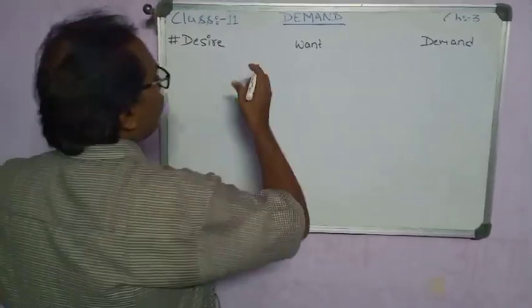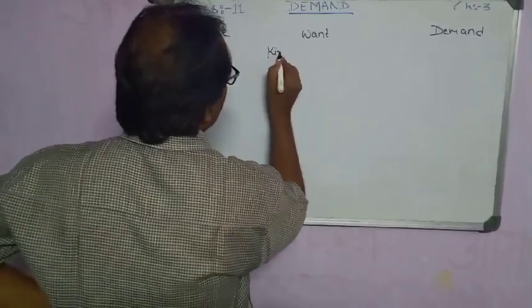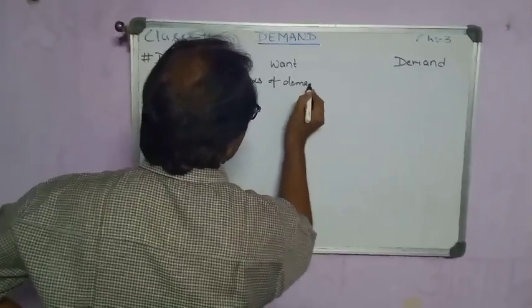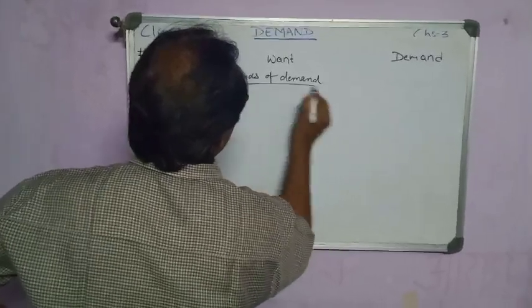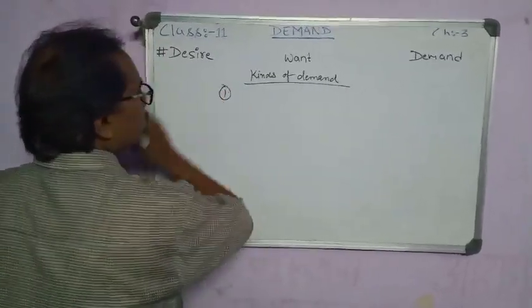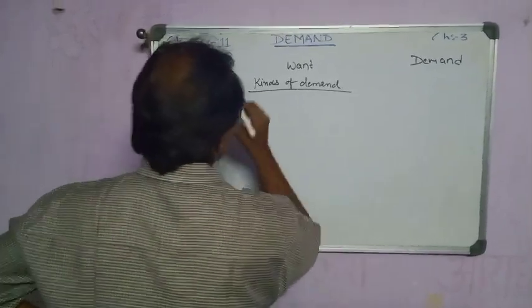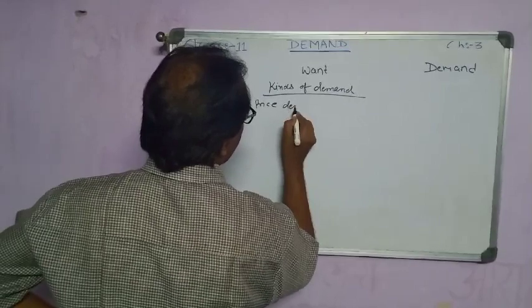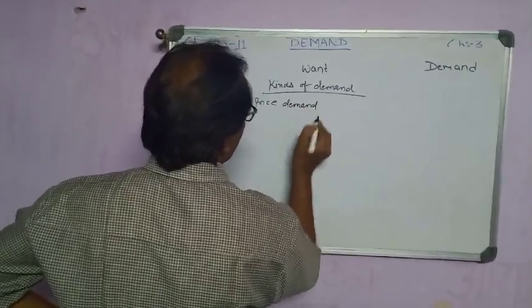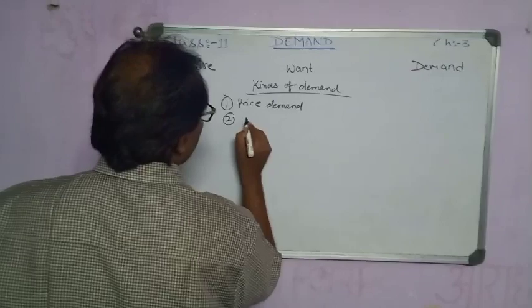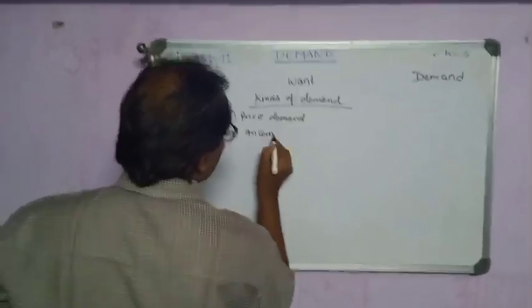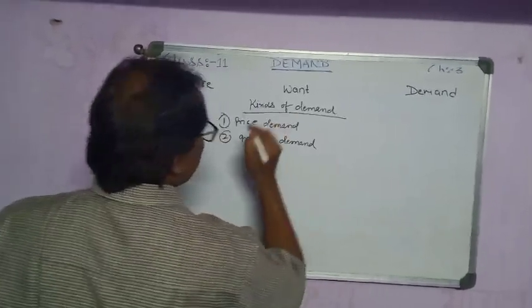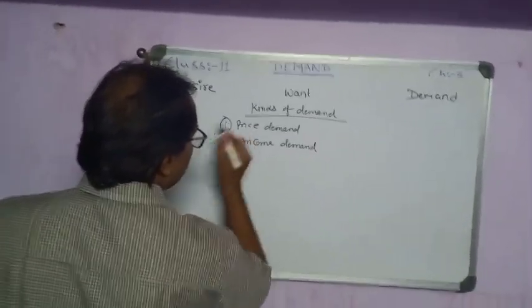Now, second is the kinds of demand. Okay, so first is the price demand. Second is income demand. Third is price related demand.